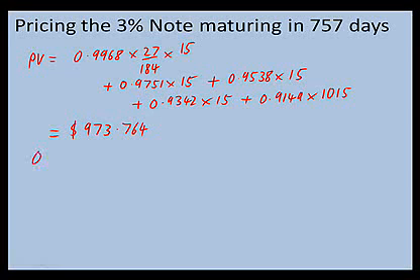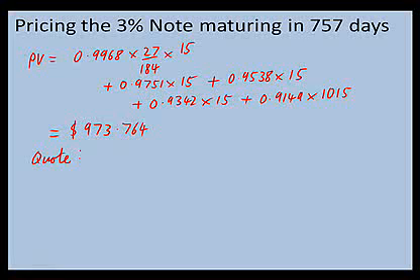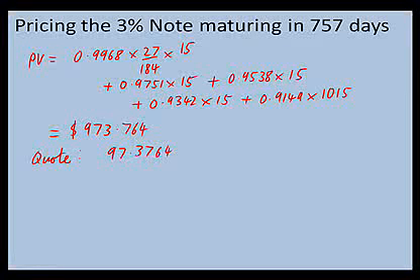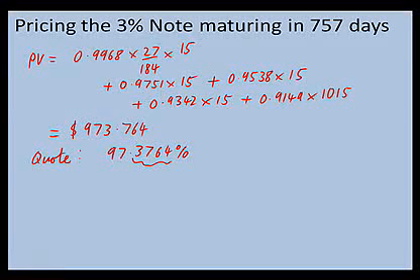What do we need to get the quote? To get the quote, first of all, we need to put this in percentage terms. So as a percent of $1,000, it's going to be 97.3764%. We've now got to convert this decimal into 32nds.